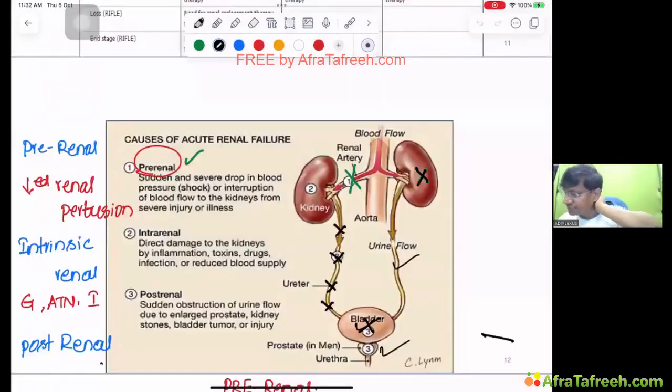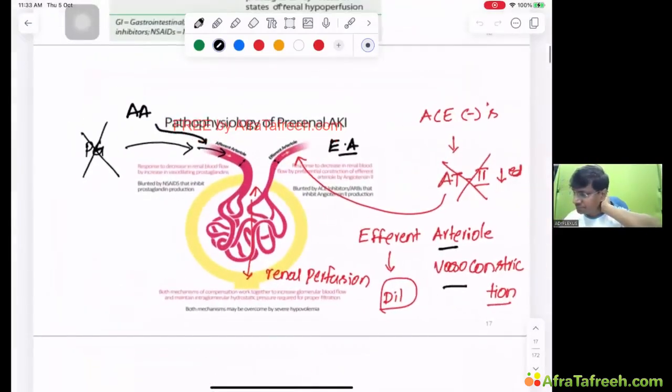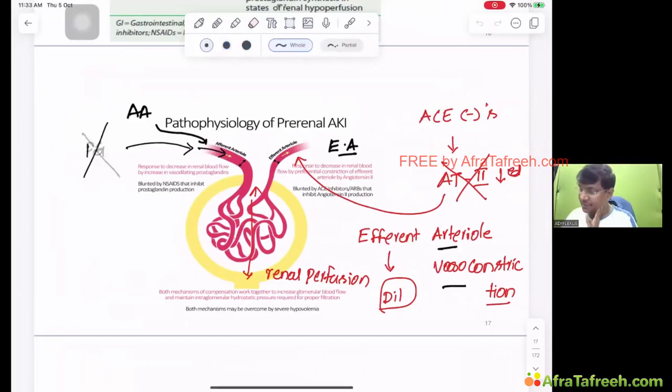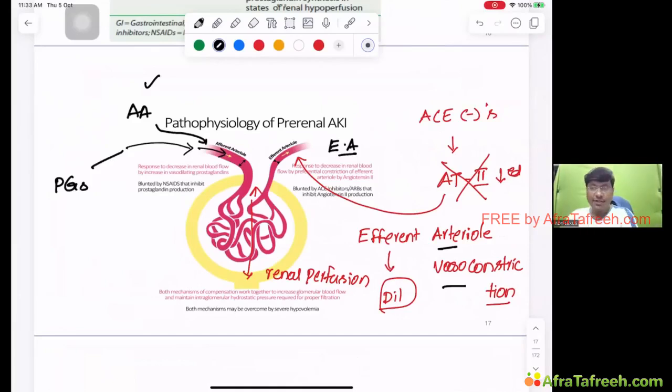Now you just see this image. Closely observe this image here. You have the afferent arteriole. This afferent arteriole will undergo vasodilatation by prostaglandins. Prostaglandins are the ones which cause the afferent arteriolar dilatation. That is, if the prostaglandins are there, the afferent arteriole will be dilated and thereby there will be adequate renal perfusion.